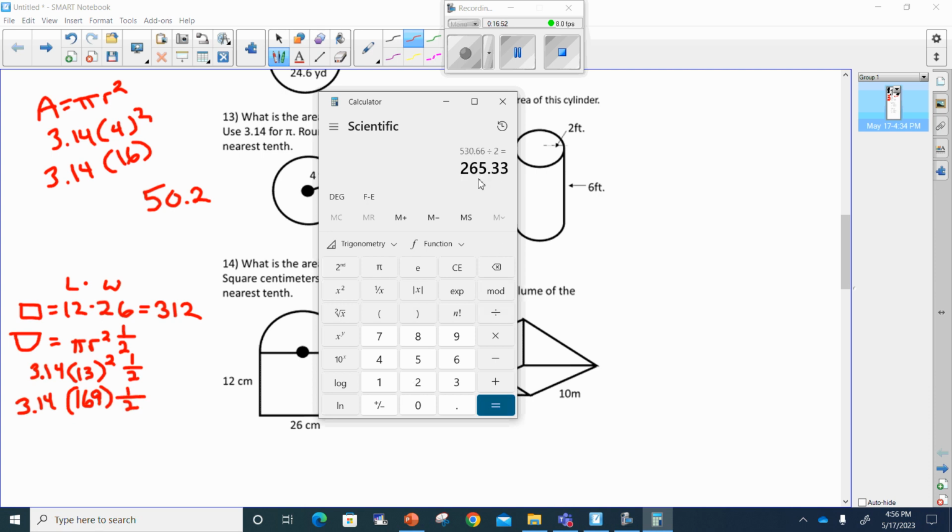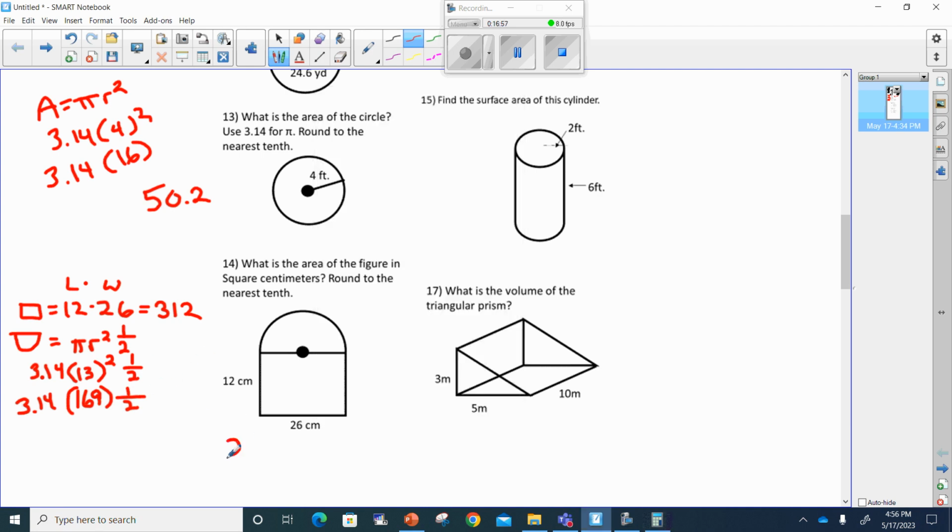That gives us 265.33. Remember, we're rounding to the nearest tenth, so it'll be 265.3.